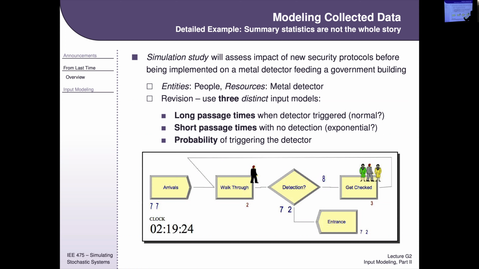And it might suggest operational things, like maybe I need to make sure that these people get priority so that they don't get queued up again. So maybe the queue associated with this resource isn't just a simple FIFO queue. Maybe it's a priority queue that prioritizes people based on how many times they've been through this. That might be an operational change that I want to add there, and so on.